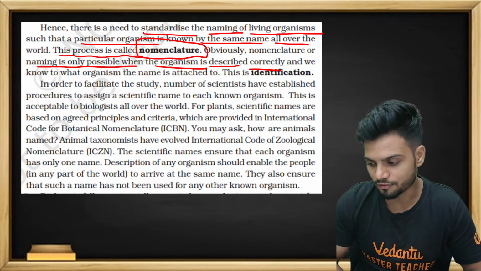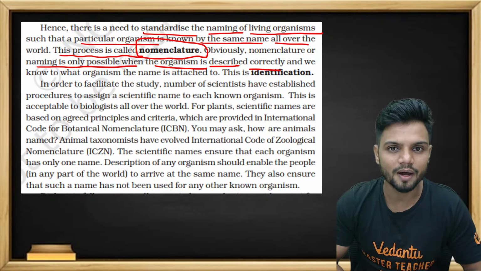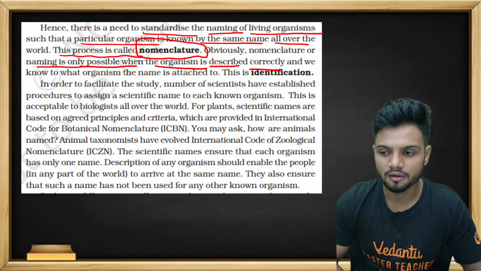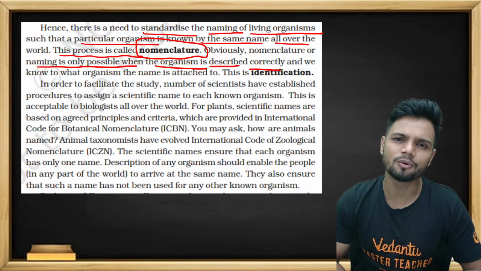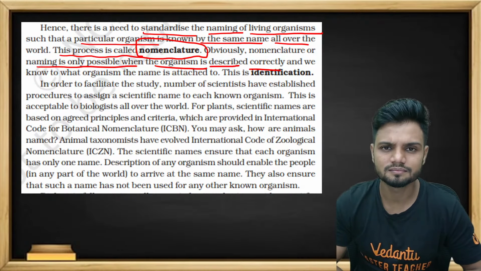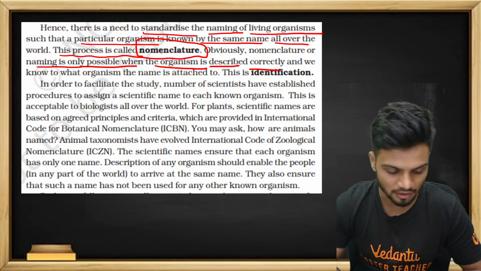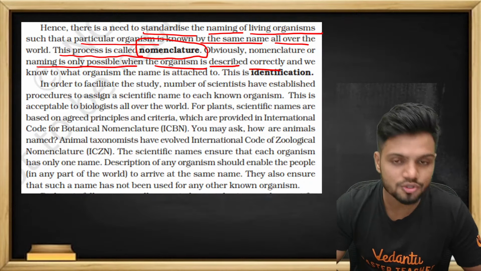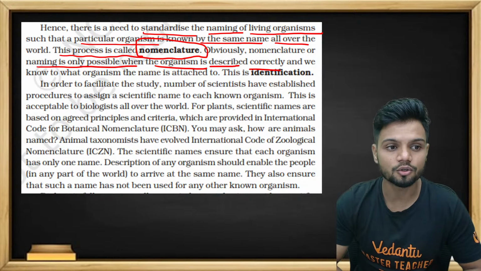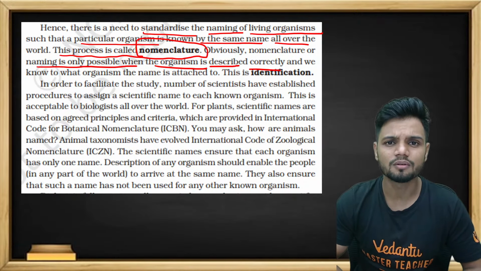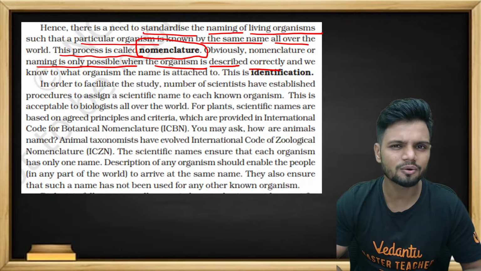If I ask VRJ to identify a mango, if I ask him to identify Mangifera indica, but he has never seen a mango, can he identify? Now you tell me. Or we can ask Tanuja. If I ask Tanuja to identify a mango, to give a name to a mango, but she has never seen a mango, then can she identify the mango?